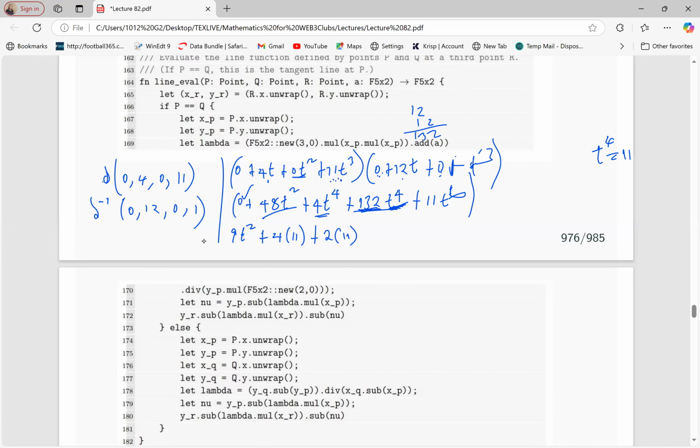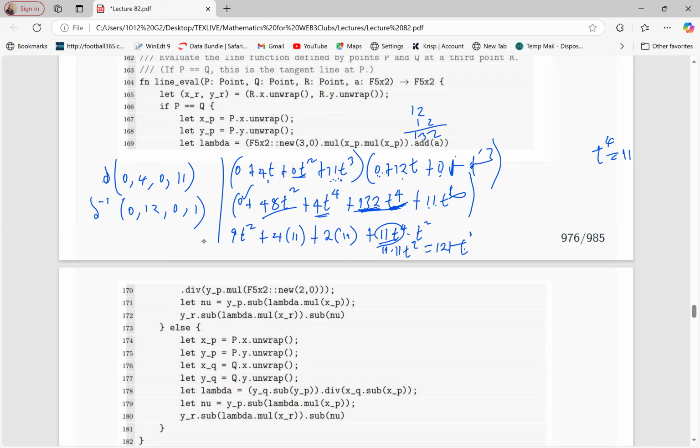Okay. Now let's come here. This is 11t raised to 4 times t squared. And we know what t raised to 4 is: it is 11. So this is just like 11 times 11t squared, which is 121t squared.